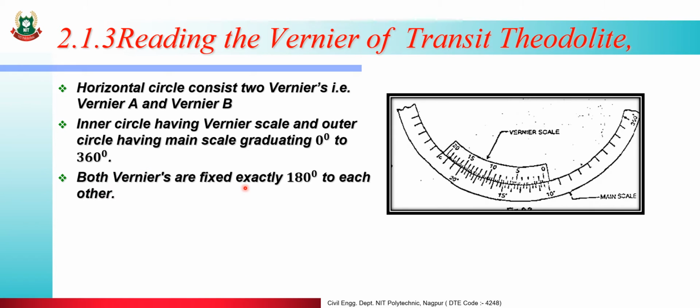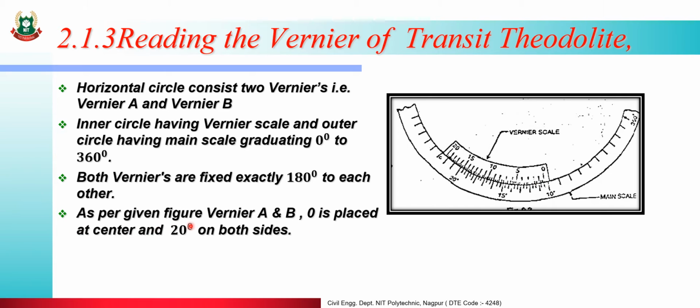Both verniers are fixed exactly 180 degrees from each other. Suppose one vernier is fixed here, then the second vernier, the B vernier, is exactly 180 degrees from it, in this way.